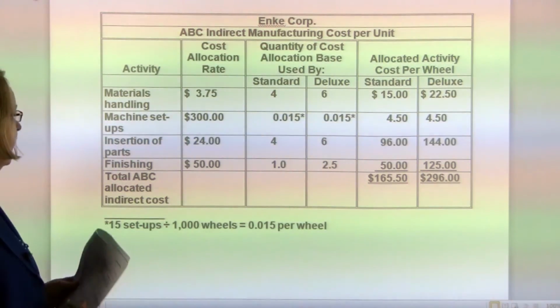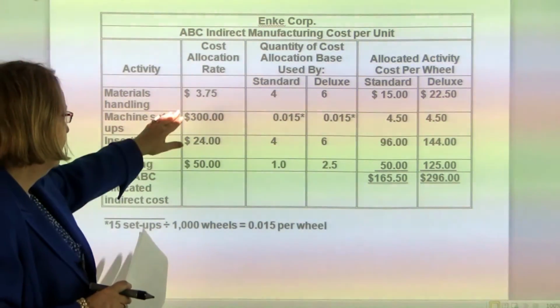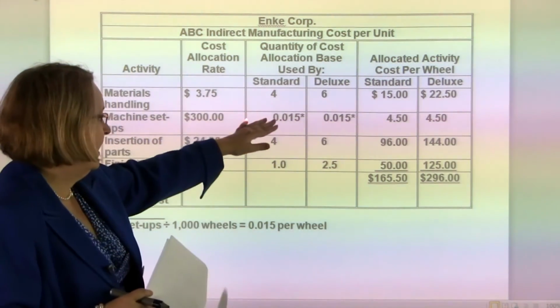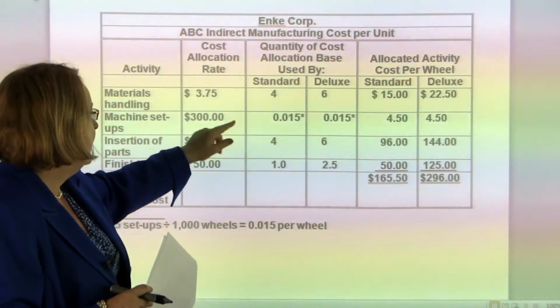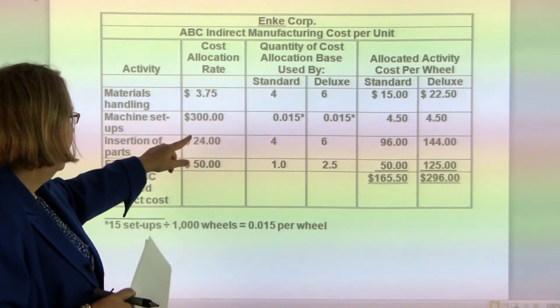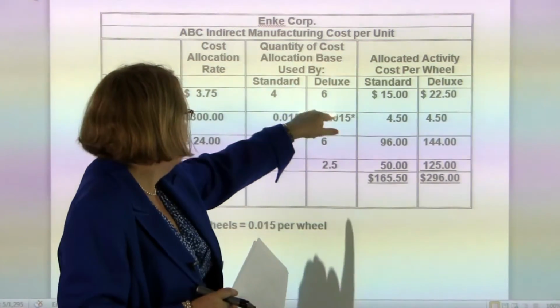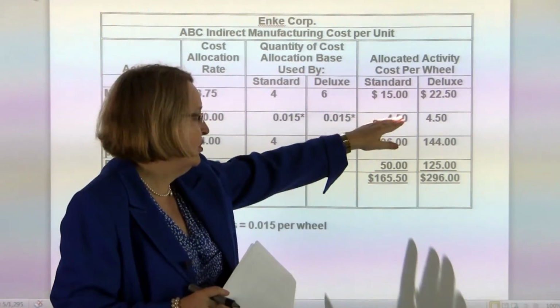So we know what the rate is. We're given that. We're given the quantity of materials handling for each of the products. So now what we're doing is just a matter of saying, 4 times 375 is 1,500, 6 times 375, 2,250.